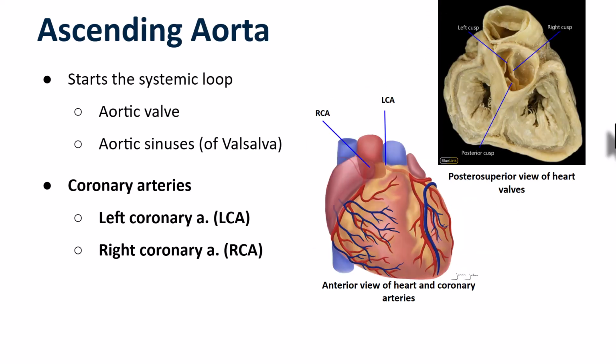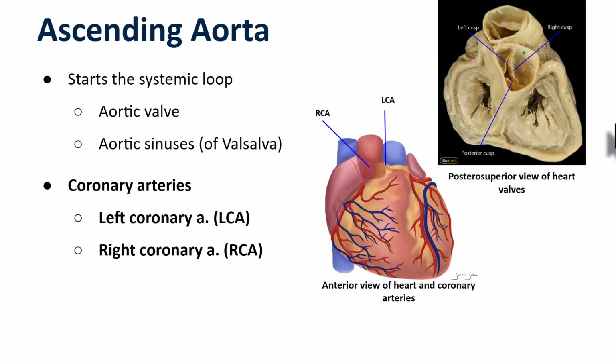So let's take a look at the ascending aorta, which is the beginning of systemic circulation. The ascending aorta begins at the aortic valve, and immediately above that are the aortic sinuses, or the sinuses of Valsalva.